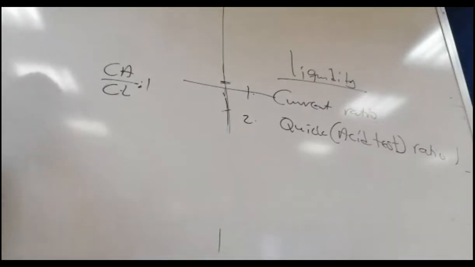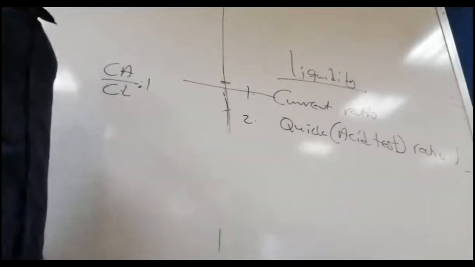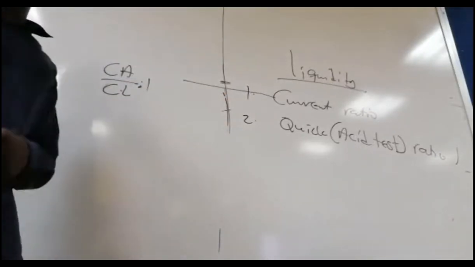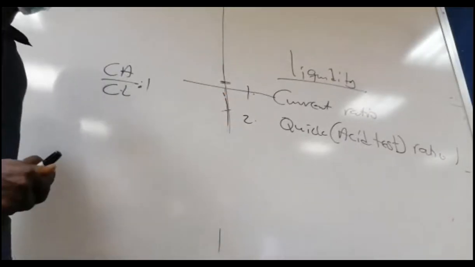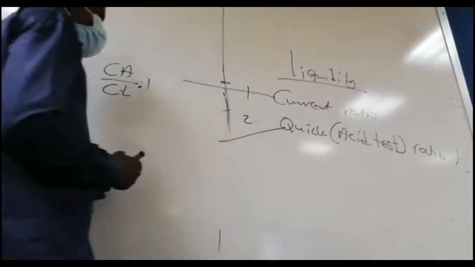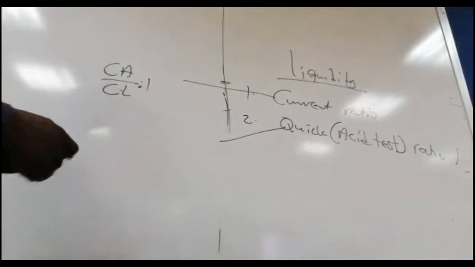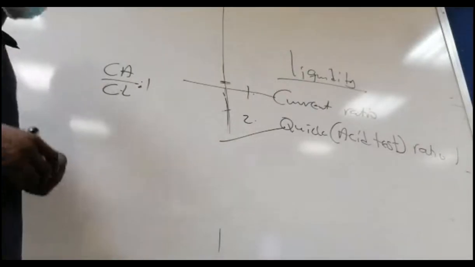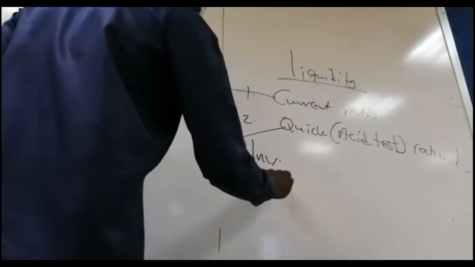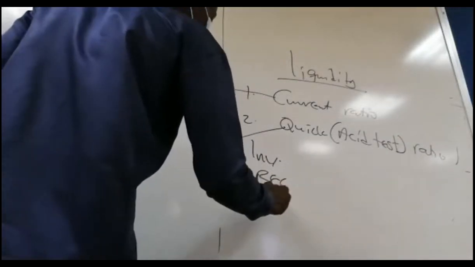So how fast, how quick can you pay your short-term debt? So that's the question quick ratio will answer. So here, what are you going to use to pay your short-term debt? That's the current assets. What's the composition of current assets? Inventory, receivables, and then what? Cash.